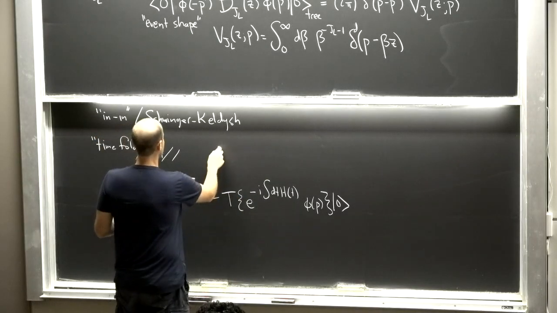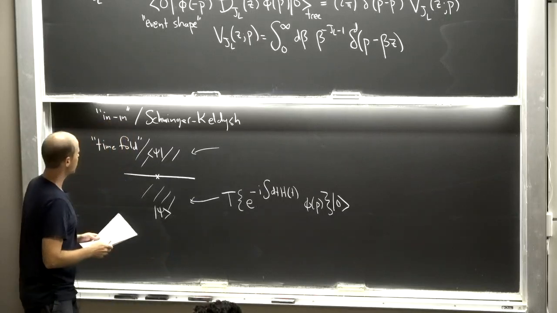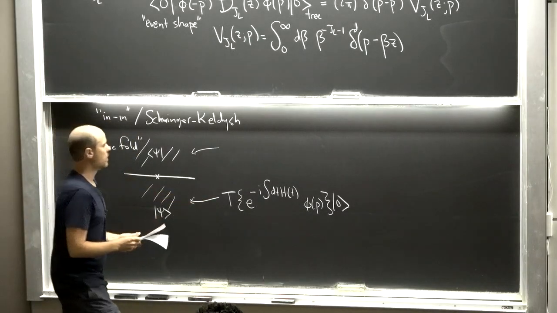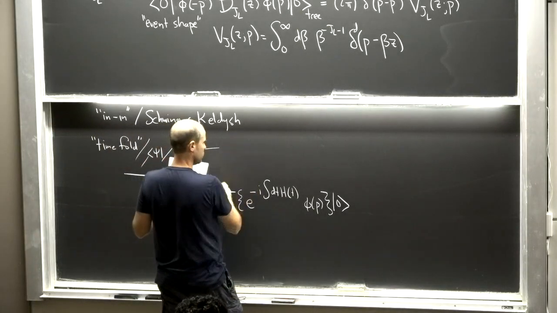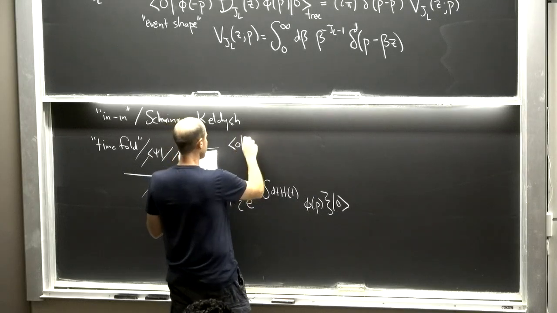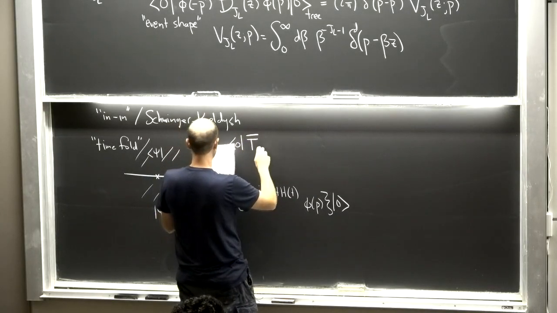But the path integral above the time fold is computing the Hermitian conjugate of this thing. If you just take the Hermitian conjugate of this expression, it becomes an anti-time-ordered product, T bar.